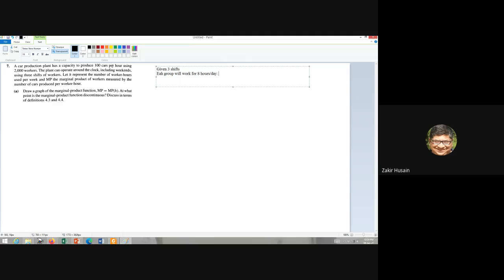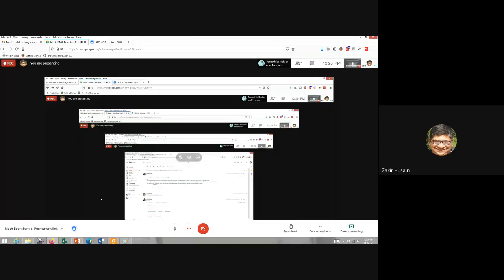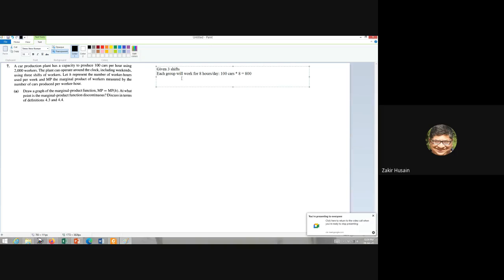Per hour it is going to produce 100 cars. So it is going to produce 100 cars into 8, which is 800. You have got 7 days, so groups will work for 7 days in a week.